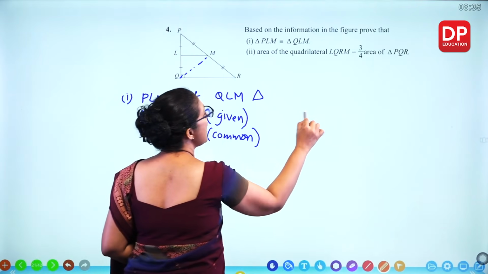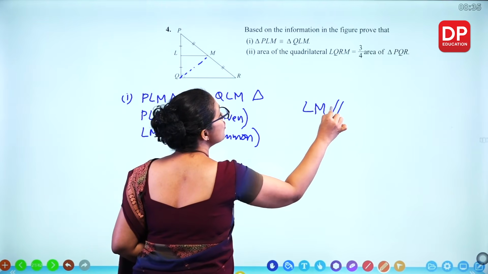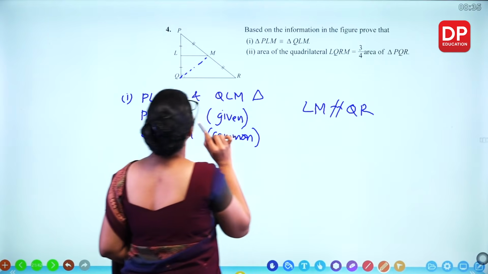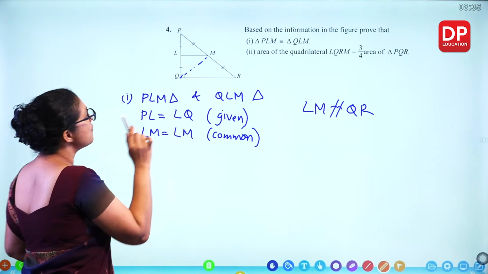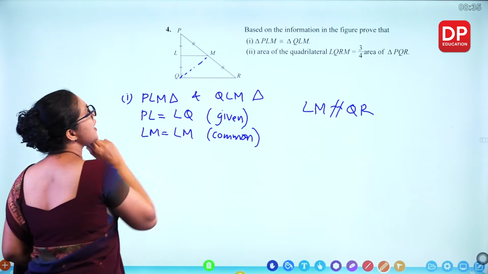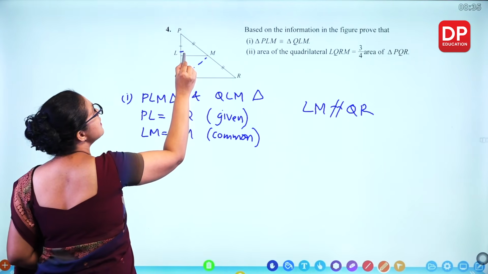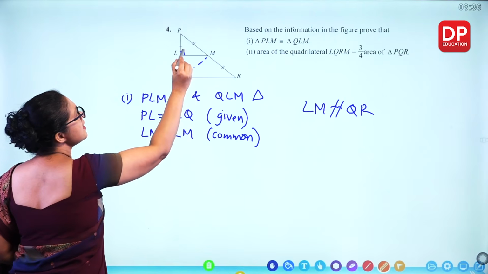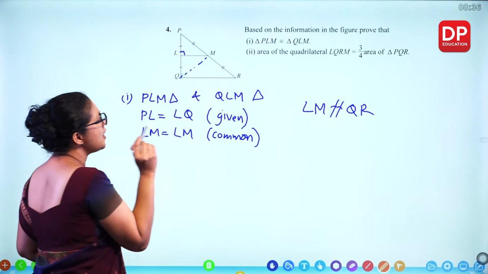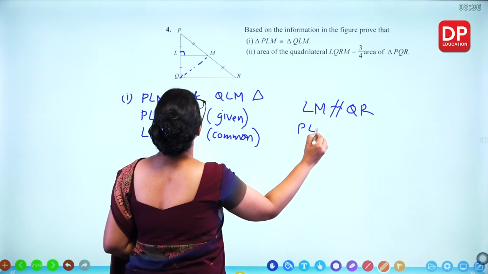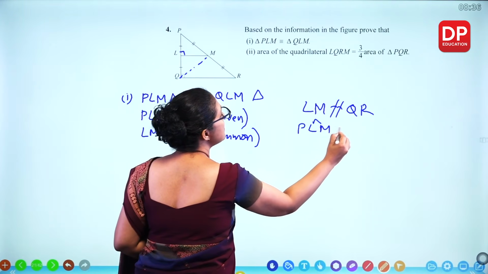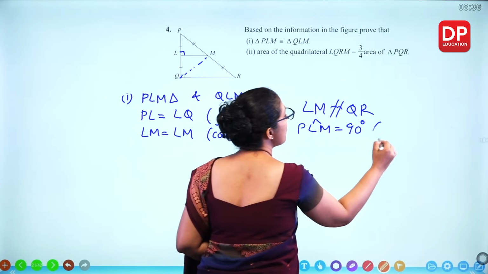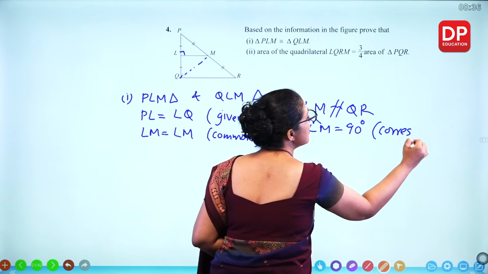So LM is parallel to QR, and if these two are parallel, what can you say about this angle? This is 90 degrees. If this is 90, this is 90. So we can write PLM angle is 90 because of corresponding angles.